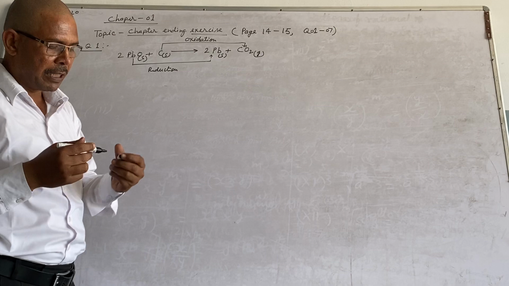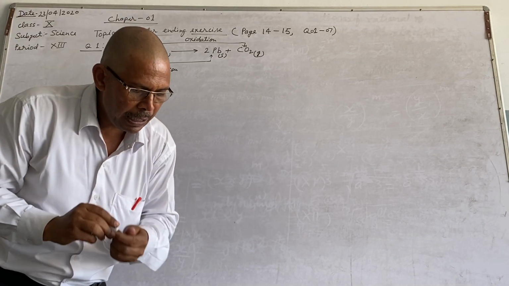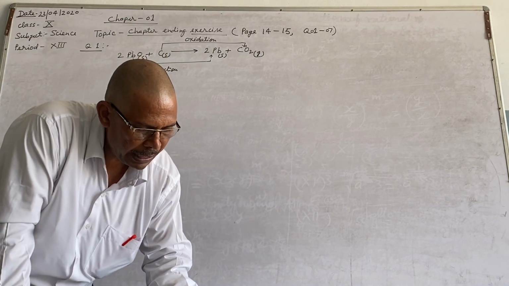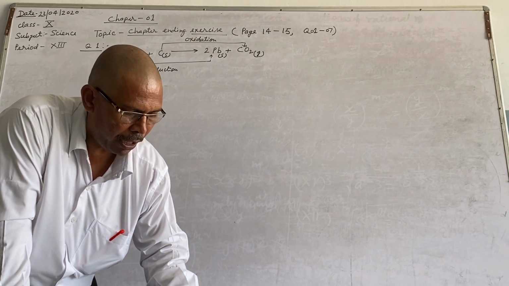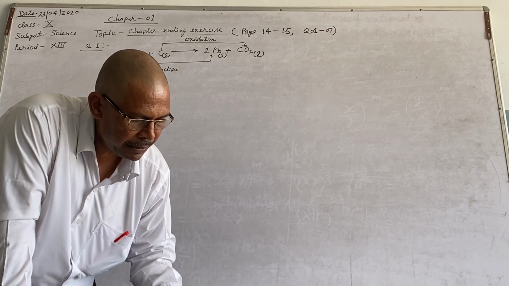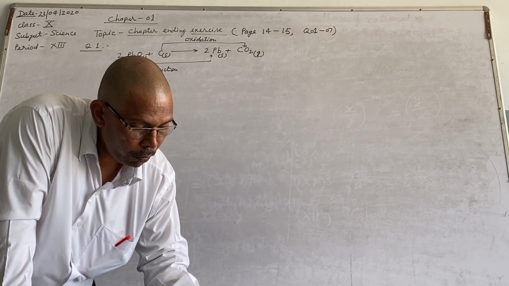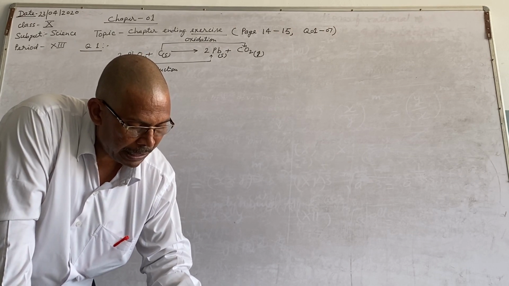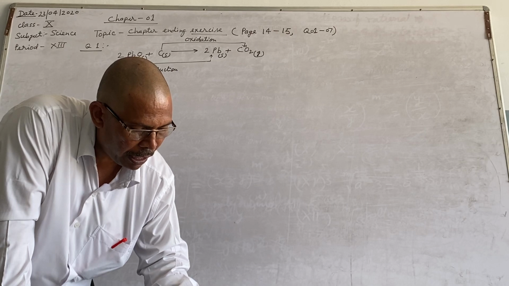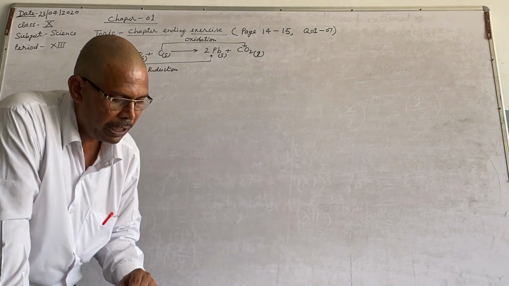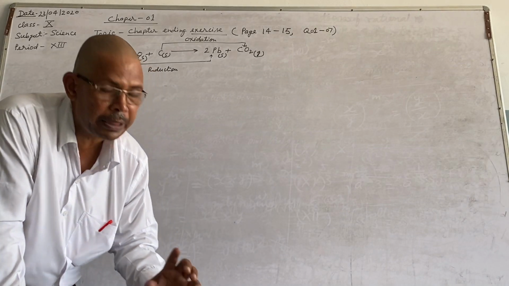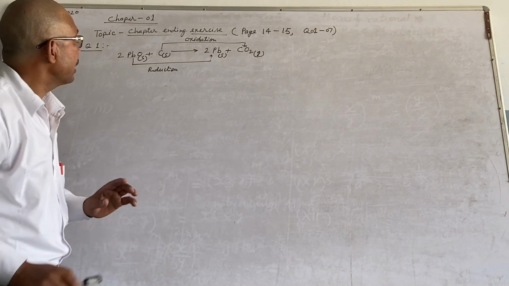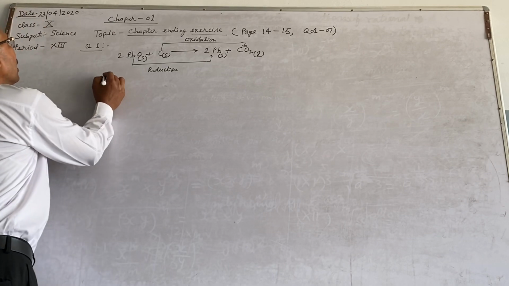On this basis, please try which option is correct. Option A and B, option A and C, option A, B and C, fourth one is all. So on this basis, 2 answers are correct: lead is getting reduced, and carbon is getting oxidized. Therefore, A and C, that is the second option, is correct.